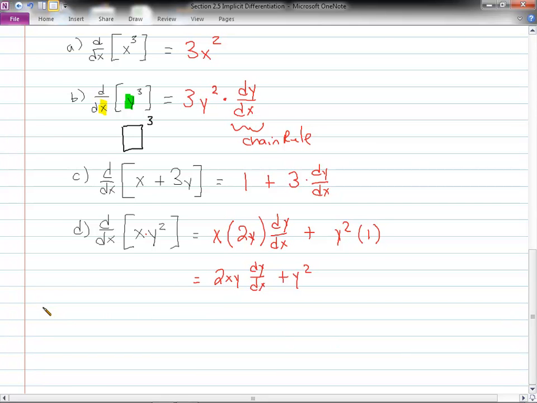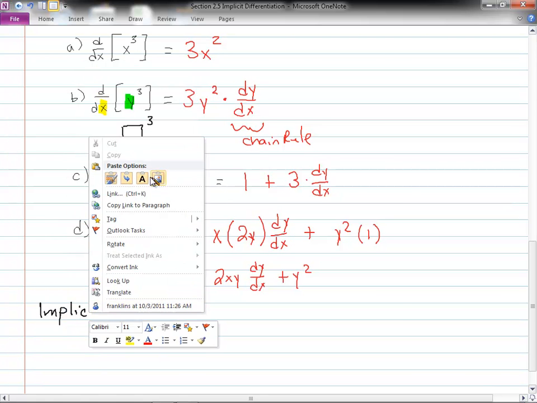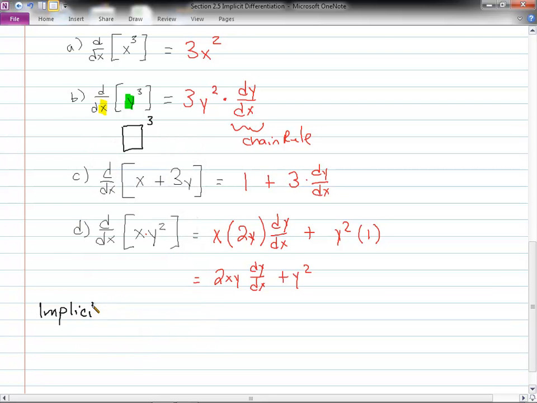So, in terms of steps to implicit differentiation, let me write that down. Implicit differentiation.